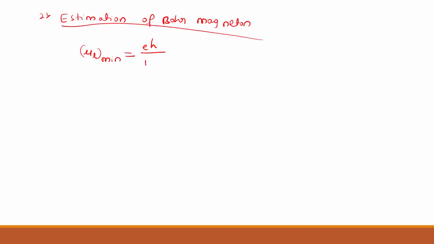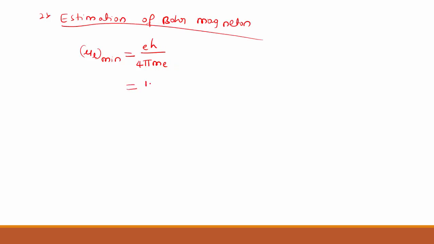This is the final equation of the derivation: μL for minimum value is eh divided by 4π into m_e. Bohr magneton means it is the minimum value of magnetic moment associated with the electron.